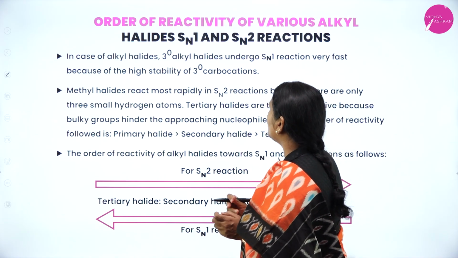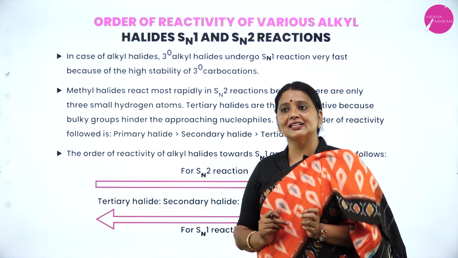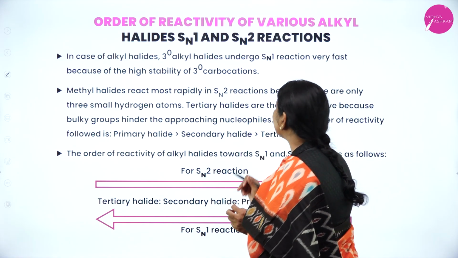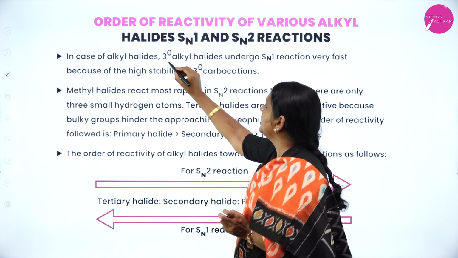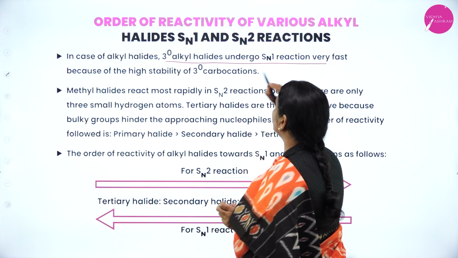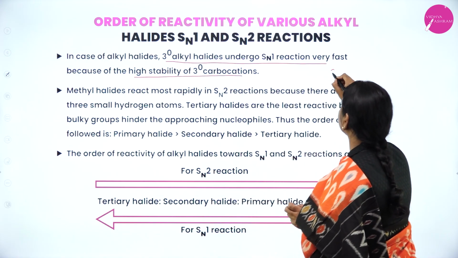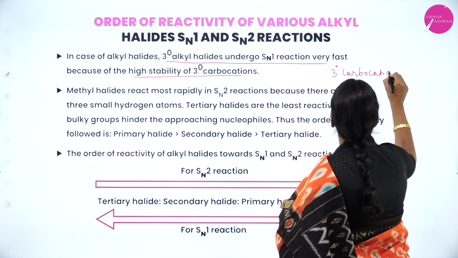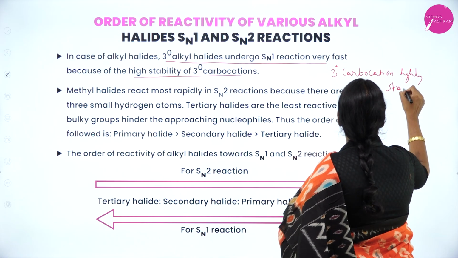Now, what is the order of reactivity of various alkyl halides in SN1 mechanism and SN2 mechanism? In case of SN1 mechanism, tertiary alkyl halides undergo very fast because of high stability of tertiary carbocation. Tertiary carbocation is highly stable.